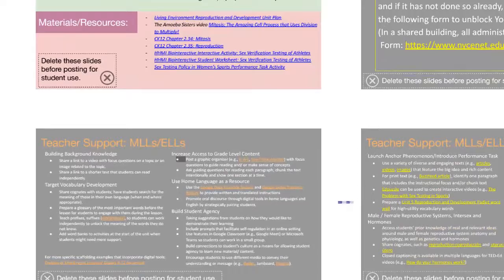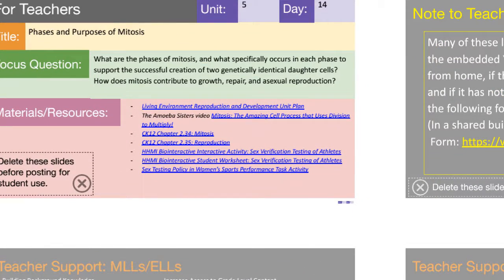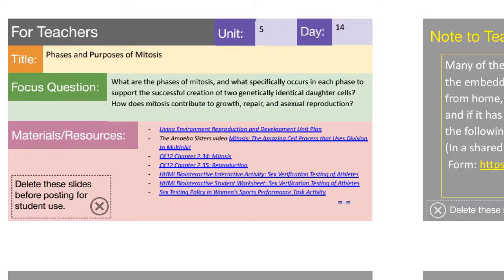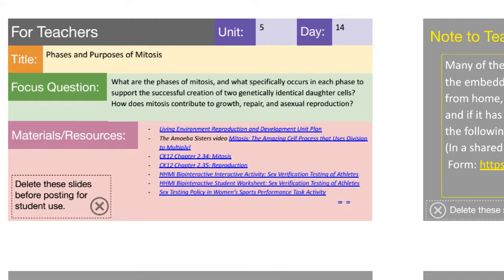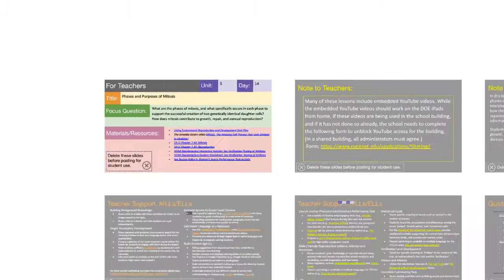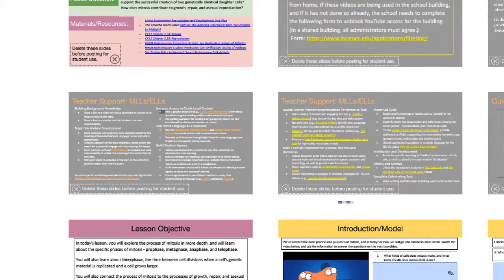First, just a reminder that the living environment content is organized by unit and by day. For example, this Google Slides belongs to Unit 5 and day 14. Pages number 6 and number 7 are where you're going to be able to find the specific strategies for multilingual learners.